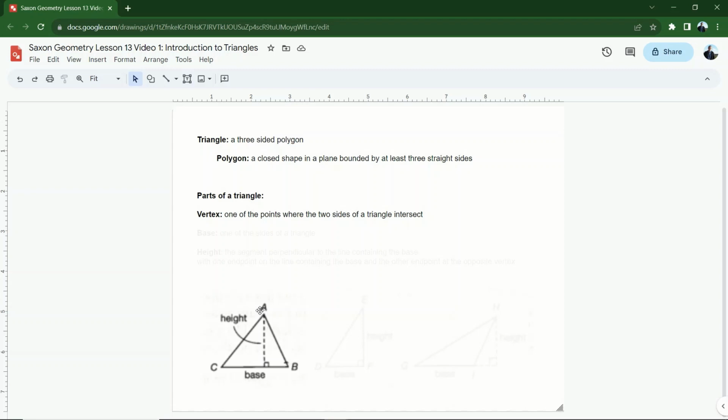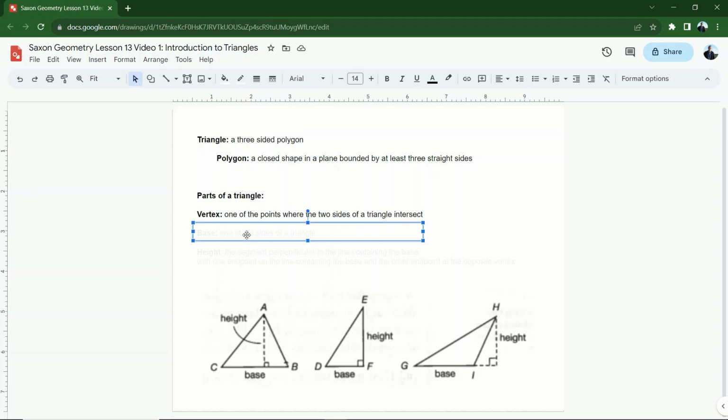You see that this triangle has vertices at A, B, and C. This right triangle has vertices at D, E, and F, and then this triangle looks a little odd compared to the other 2. This has vertices at H, I, and G. Okay, so all of these triangles have 3 vertices because triangles have 3 angles, or 3 places where the sides come together.